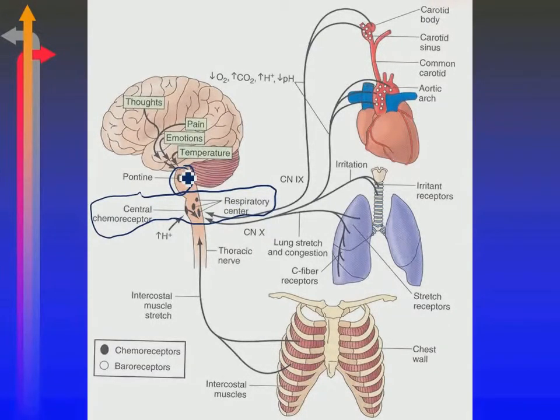The apneustic center and pneumotaxic center regulate that impulse to tell it to stop breathing at some point along the line. We also have stretch receptors and congestion receptors, the J receptors, the irritant receptors, the stretch receptors that send impulses back to say stop breathing. We have peripheral chemoreceptors, carotid body and aortic arch, that send impulses back via the 9th and 10th cranial nerves to regulate breathing.